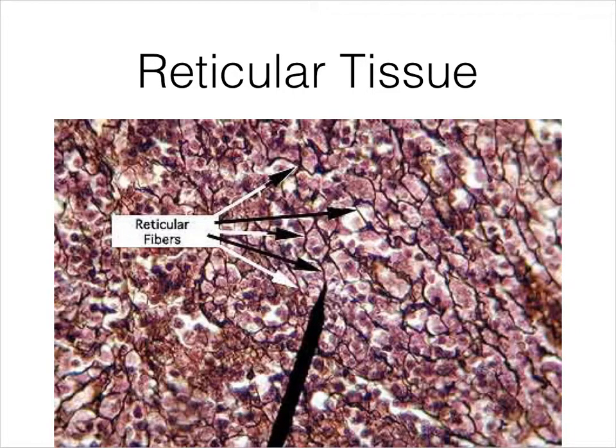Reticular tissue is found mostly in the lymph nodes, as well as in some associated organs, the liver, things like that. And what reticular tissue is really good at is holding a bunch of cells together while still allowing them to freely move, right? So in your lymph nodes, you have a lot of particularly white blood cells that are always moving in and moving out of your lymphatic tissue, and they have to be able to be held there at a high density, but also be able to move in and out of that tissue.